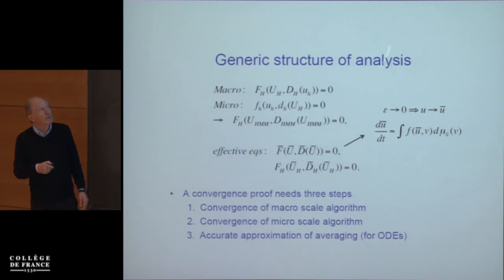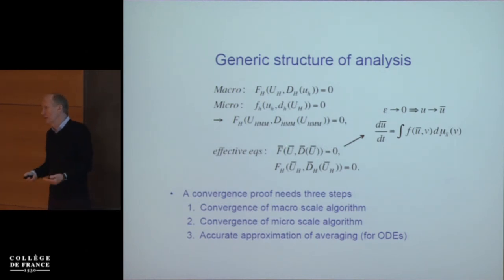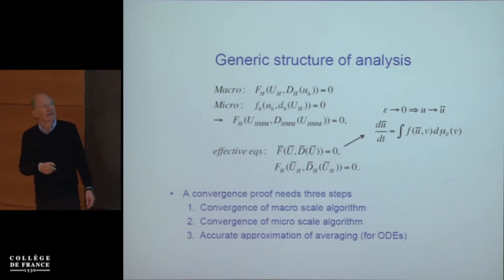So most of the proofs in this process will be: we have the macro solver, we have the micro solver, and then we have the coupling process. And the coupling process you need to compare with an effective equation. So you assume that we have an effective equation, and that's where, let's say, molecular dynamics fails in this case, mathematically.